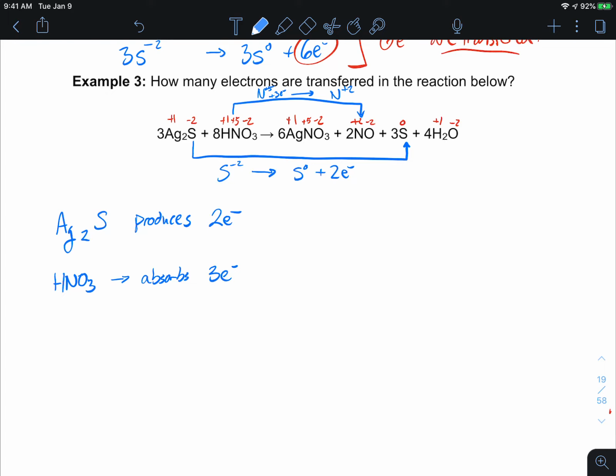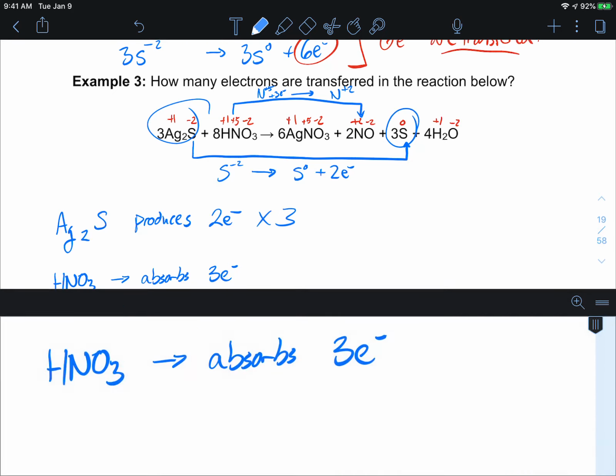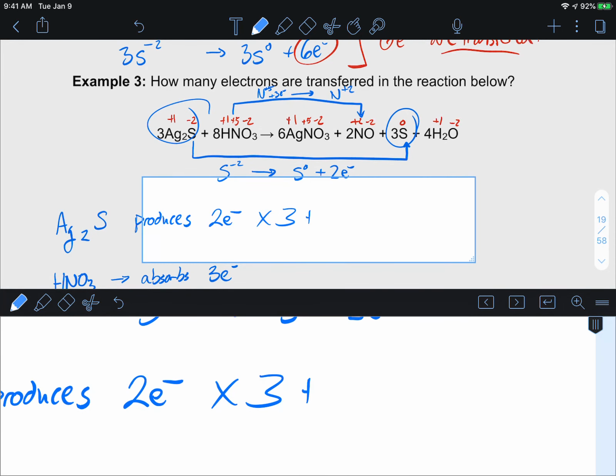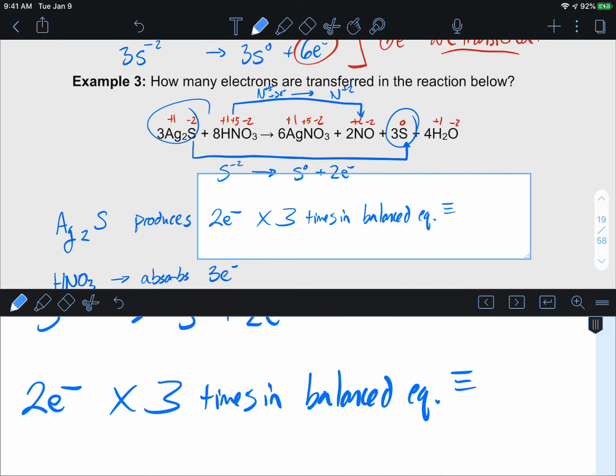We notice that it's easier to look at the sulfur in this case because the sulfur starts in the silver sulfide and it all ends up in the sulfur product. So this occurs 3 times in the balanced equation. So that equals 6 electrons transferred.